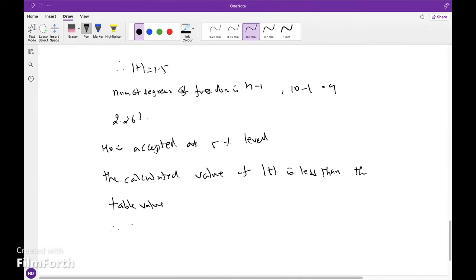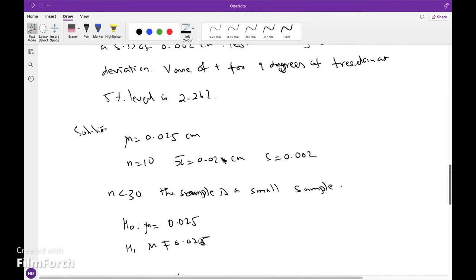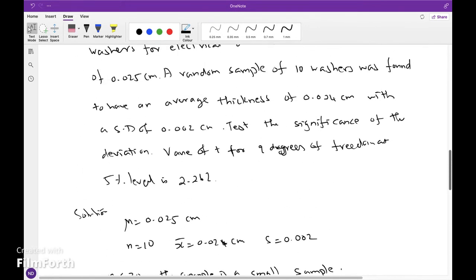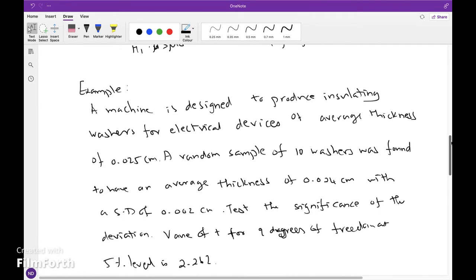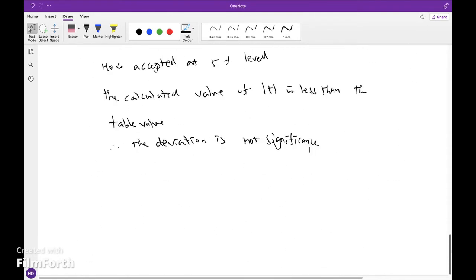Therefore, the deviation is not significant. Given question, test the significance of the deviation. So our conclusion: deviation is not significant.